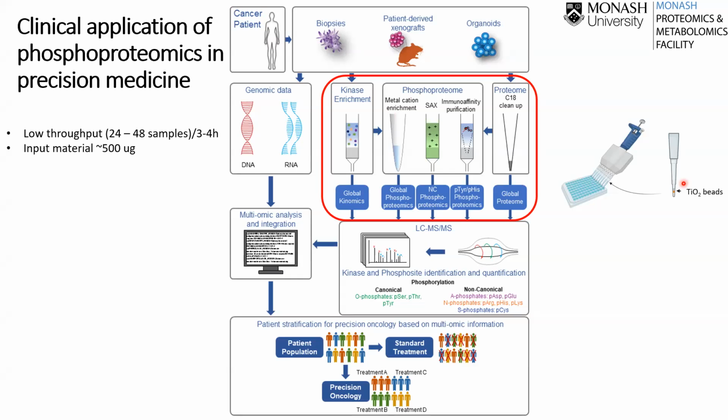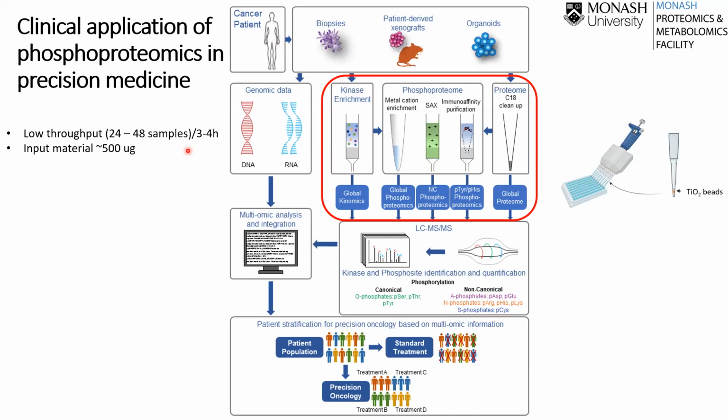This is a very manual process, and it limits how many samples we can process in one experiment. Usually we can process between 24 to 48 samples in one experiment, and it takes between 3 to 4 hours per experiment.